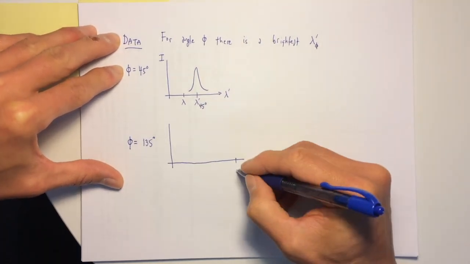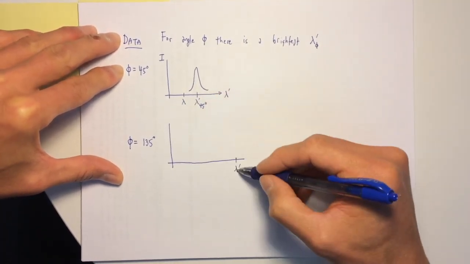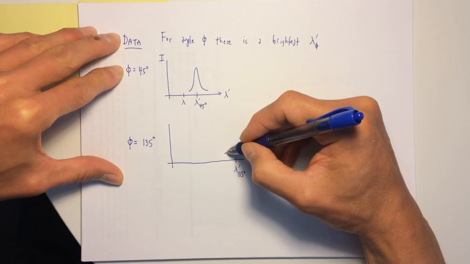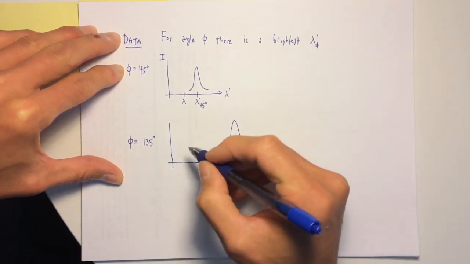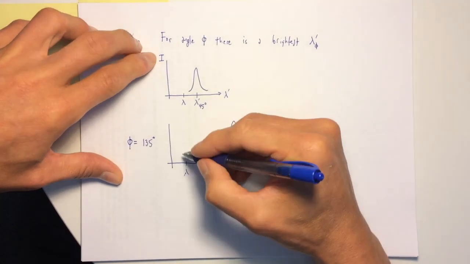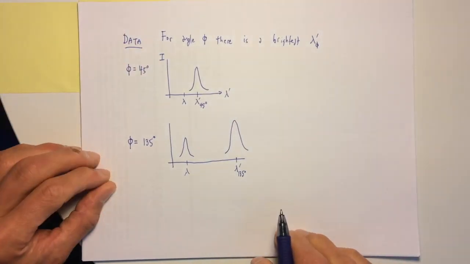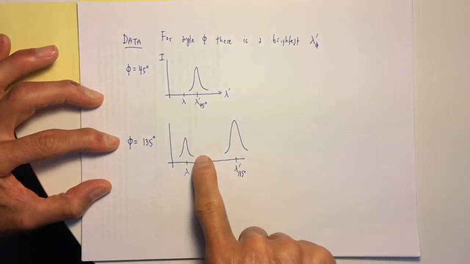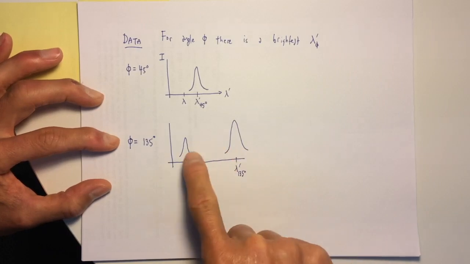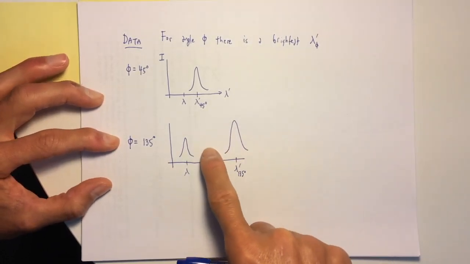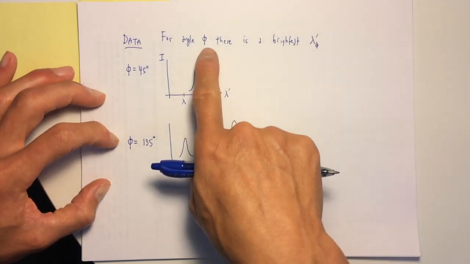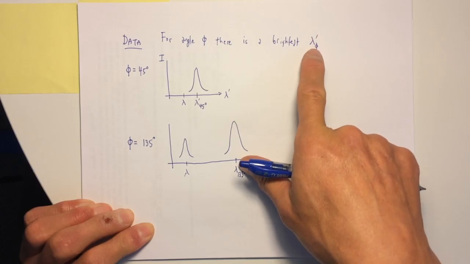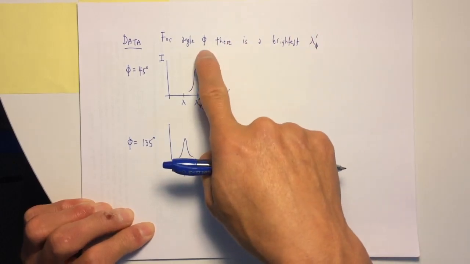It's further over. So here's lambda prime, which represents the brightest at 135 degrees, and that lambda prime is way over here compared to the original incoming lambda that is still over here, like this. So as you check at different angles, the brightest wavelength slides over, right? There aren't any other peaks that were observable. So at different angles, there is a different brightest wavelength. That is, different colors are bright at different angles.